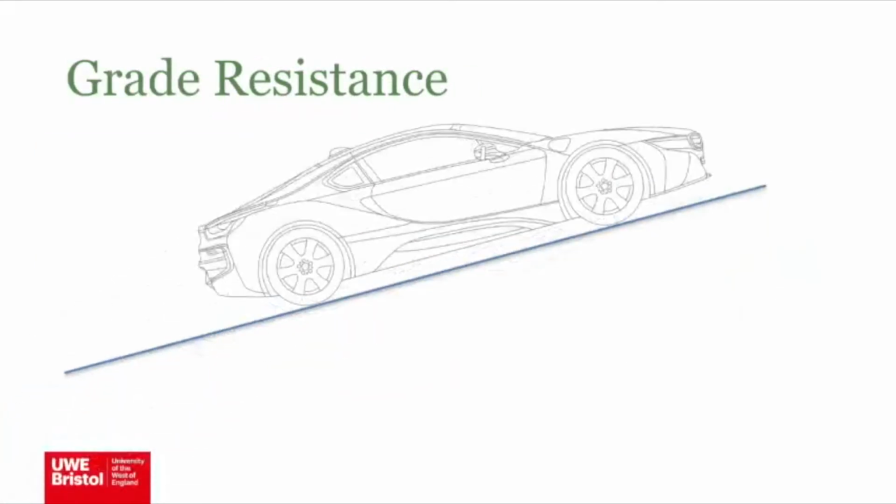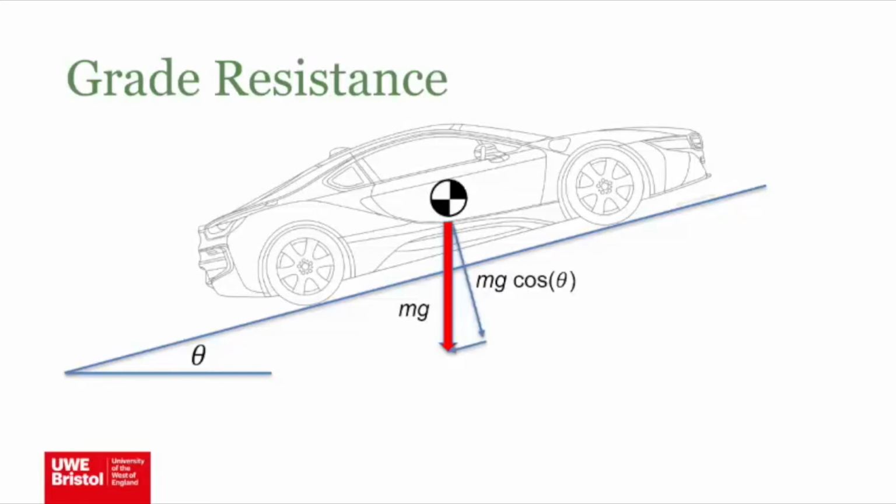What about the grade? Well, here's my car. It's going up a hill. My hill has an angle of theta, measured in degrees or radians. I've got a gravitational force on the vehicle, and that can be decomposed into two components: one in the direction the vehicle's travelling, and one perpendicular to it.